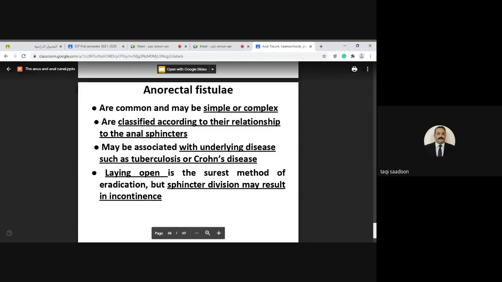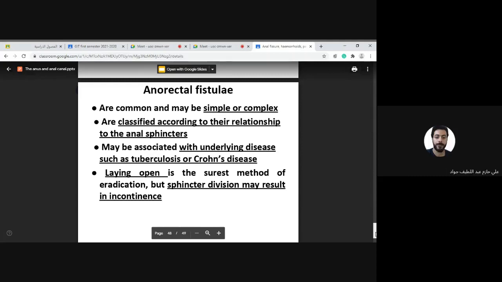We should lay the fistula open as a treatment, but you should be very careful regarding the external sphincter, because sphincter division ends with incontinence, which is a disaster to the patient. Is the fistula clear so far, students? Do you have any questions? Clear, students?